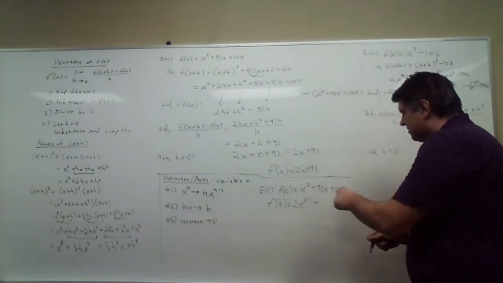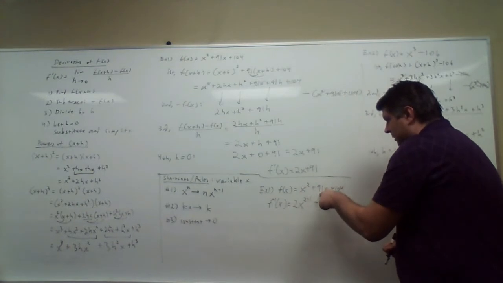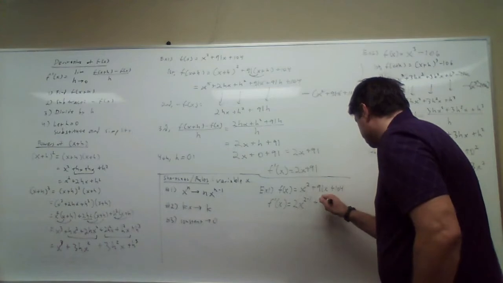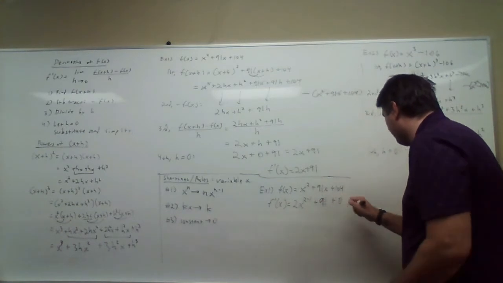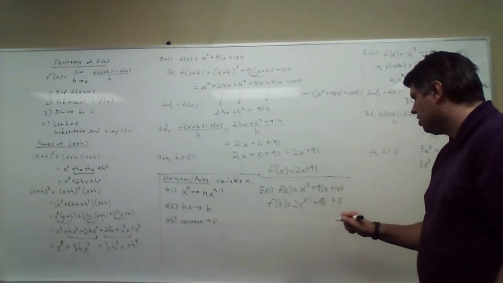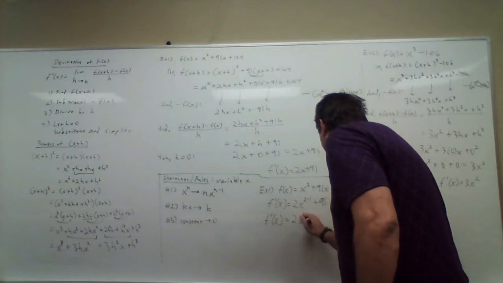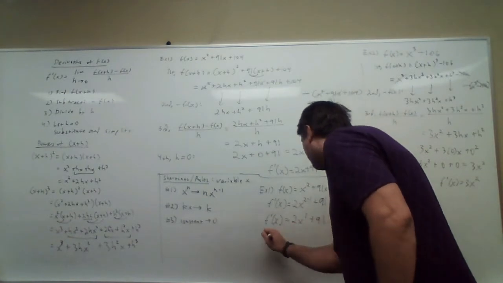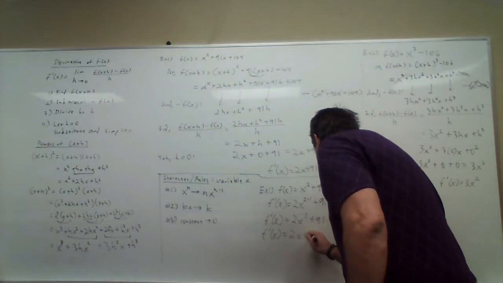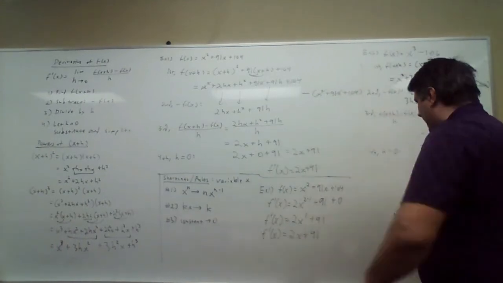Plus, this is a number times x, so according to this rule, this would just leave you the number. And the derivative of the constant 104 is 0. 104 has no variable, so it's a constant. So the derivative is 2x to the first plus 91. And in more simple terms, f prime of x, the derivative, is 2x plus 91. Much shorter than what we had to do longhand.